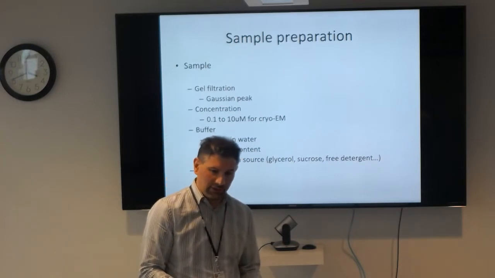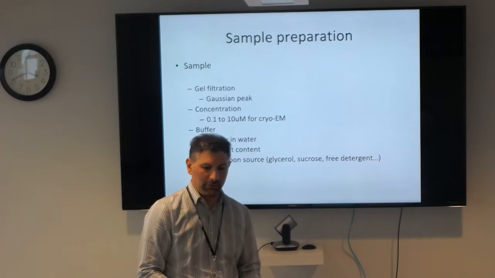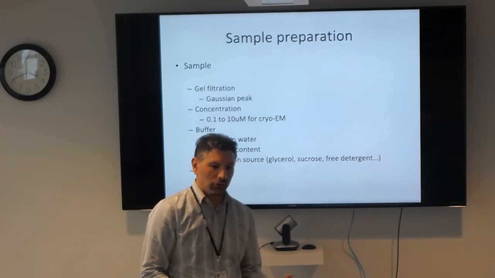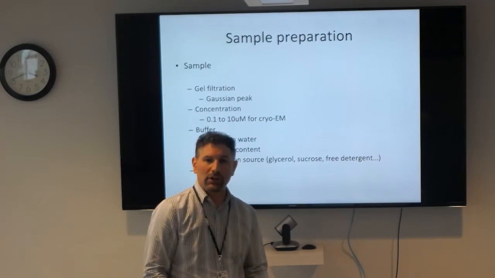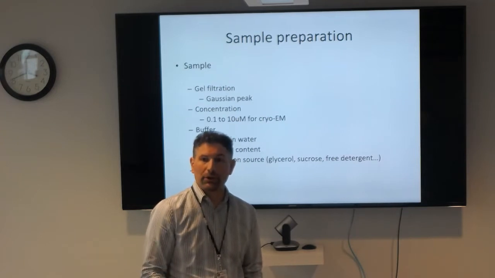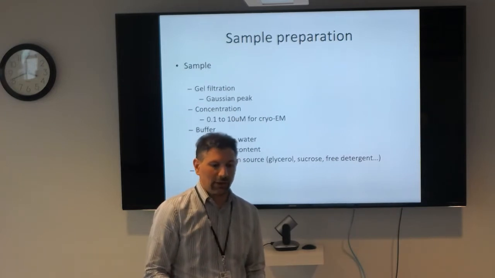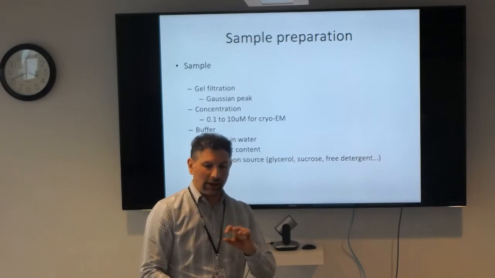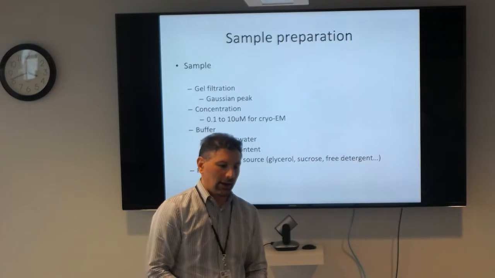The buffer is obviously important because that's where your contrast comes from. If, for example, you have a lot of glycerol, sugar, anything that gives you additional scattering in the background, you're going to diminish the contrast from your particle. So ideally, you want it in something like water, where you have the greatest contrast. But that in itself creates some problems, where you start having particles aligning on the air-water interface.